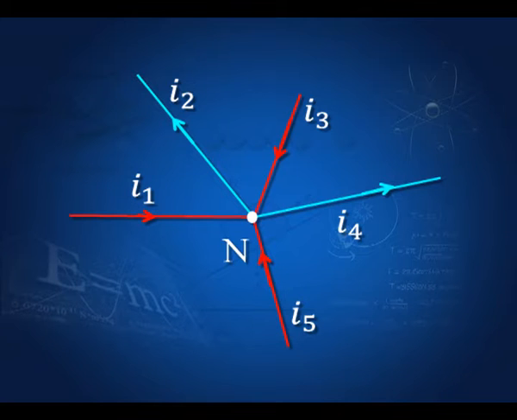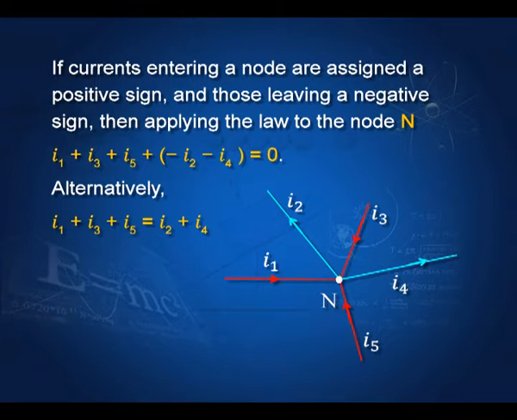If I give positive sign to the currents coming and negative sign to the currents leaving, then I have I1 plus I3 plus I5 minus I2 minus I4 equals 0, or I1 plus I3 plus I5 is equal to I2 plus I4. That is, the sum of the currents leaving is equal to the sum of the currents arriving at that node. This is the first law of Kirchhoff.